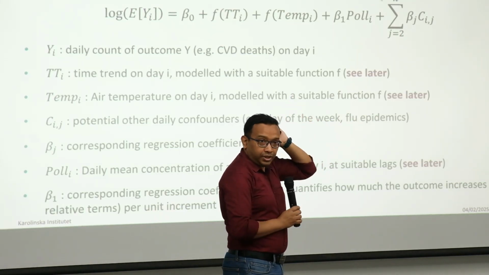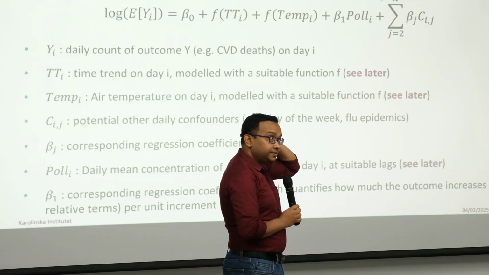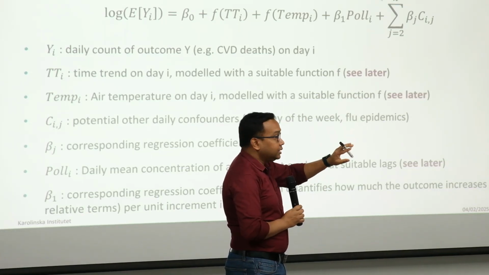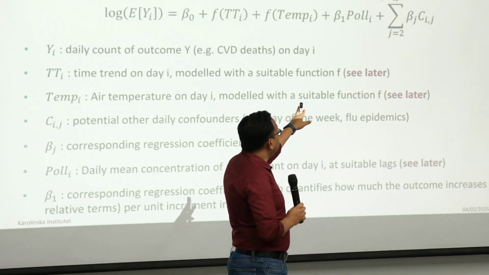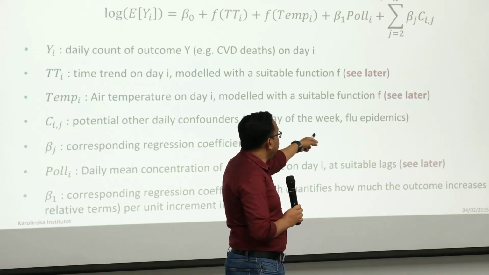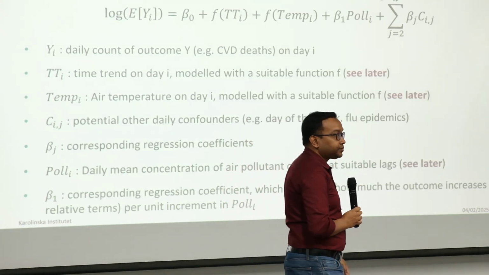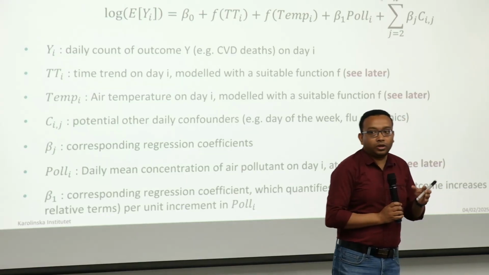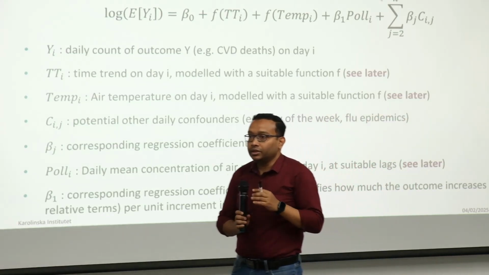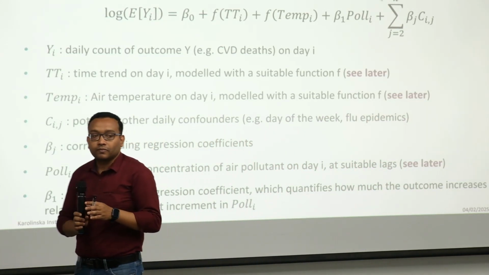You don't know the temperature 7 days in advance. Let's say you have that also. So then we need all of this information 7 days in advance or 15 days in advance. If you have all of that information, then you can use this for forecasting.